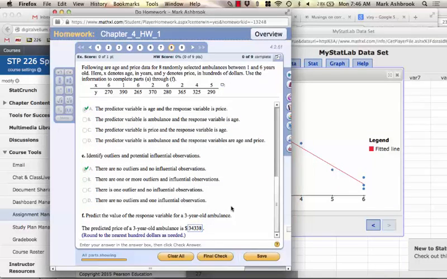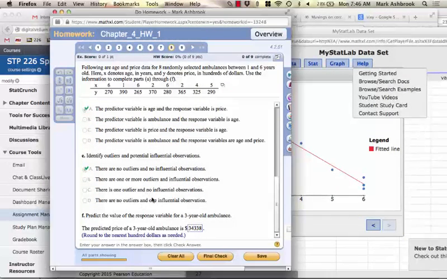Okay, so the number that you get is 343.38. But this is hundreds of dollars, and they want you to round to the nearest 100.